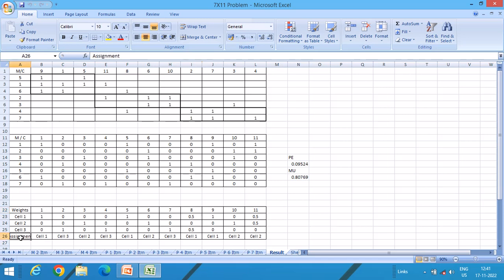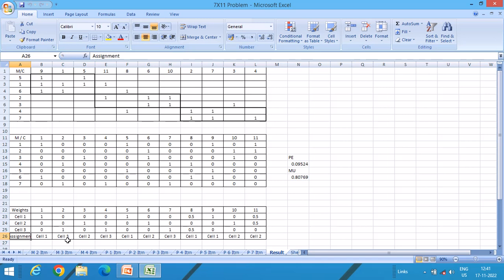So finally, I am assigning each part to a particular cell. So first part to the first cell, as it is having more weight in cell 1. So likewise, I am assigning all the parts. So for part 8, it is having equal weightages. Arbitrarily I am assigning this 8th part to cell 1.